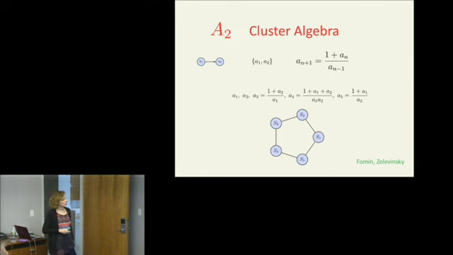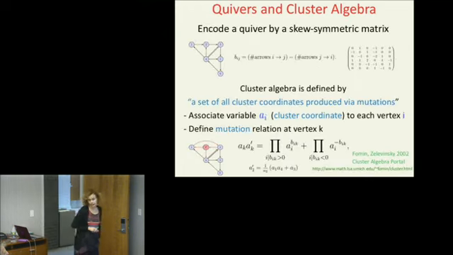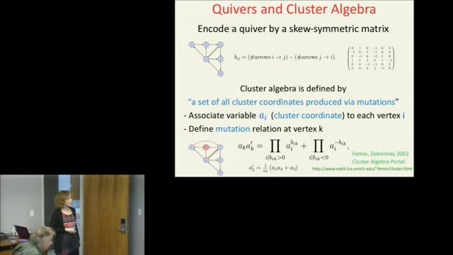More generally, you can define a cluster algebra by introducing a quiver. Suppose you have a quiver with nodes 1, 2, 3, 4, 5, 6, and some arrows between them.